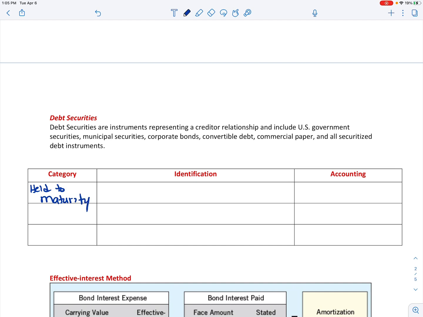How we identify that as held to maturity is we have a positive intent and ability to hold this security to maturity. If we are holding it to maturity, we record that at amortized cost.